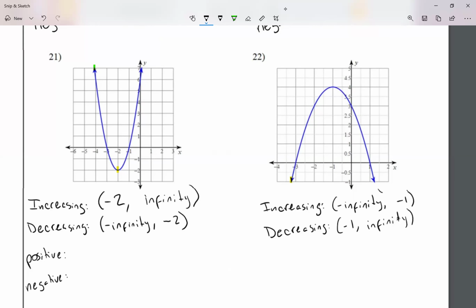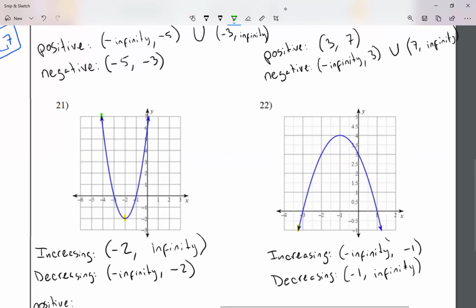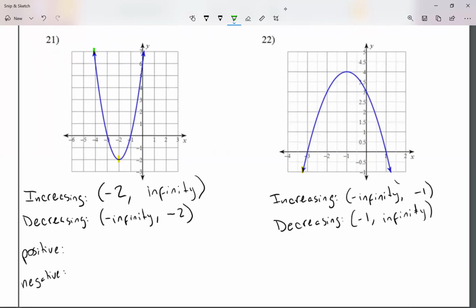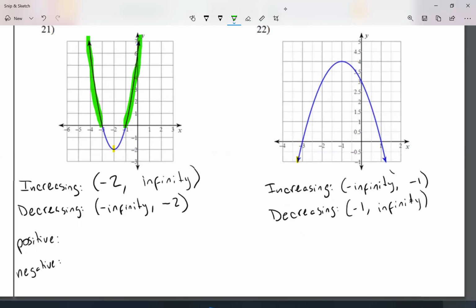So with green, remember, green is what's above the x-axis. So I have this interval and this interval. Oh, I have two intervals for positive. For negative, I'm going to use yellow, right? I only have one interval, one under the x-axis.